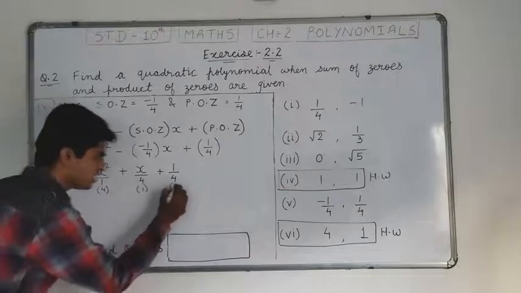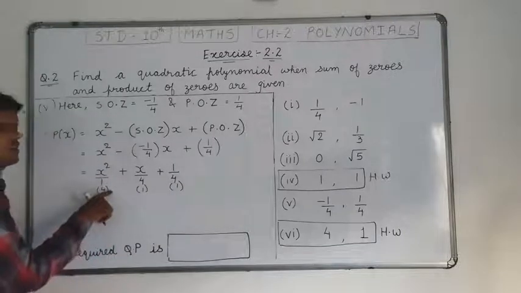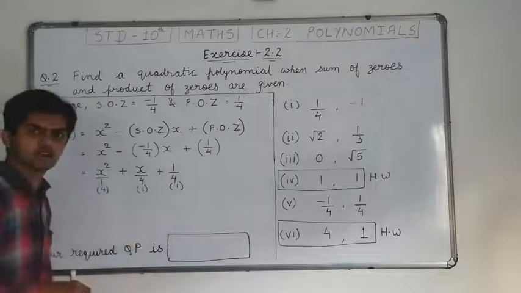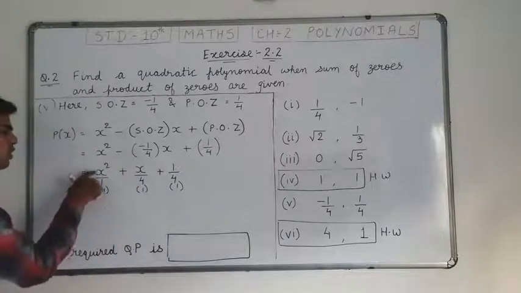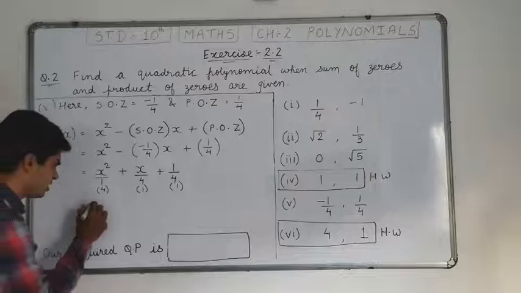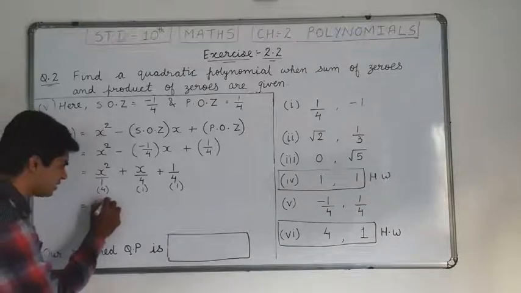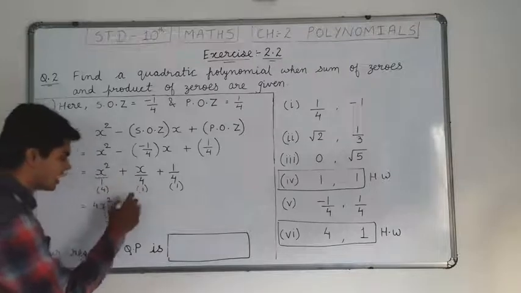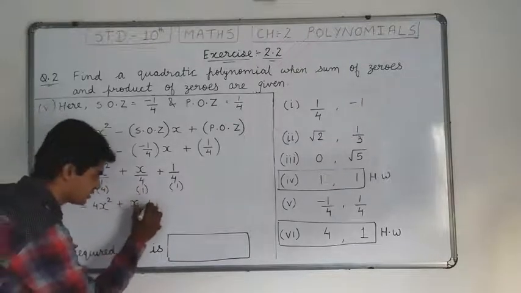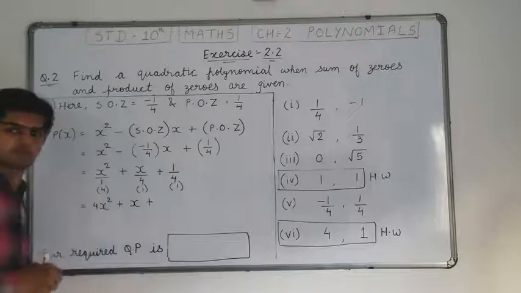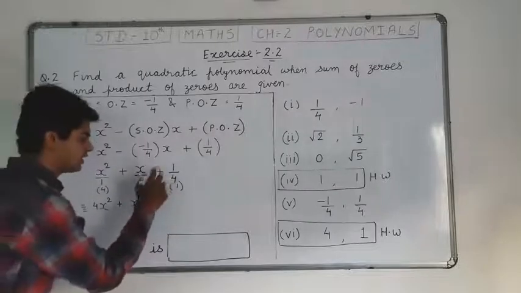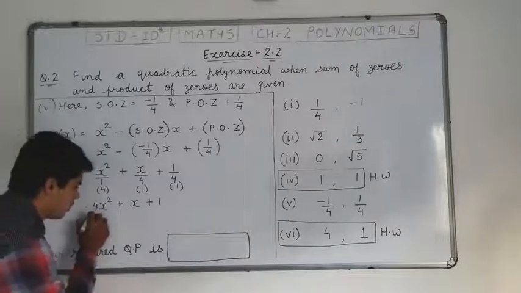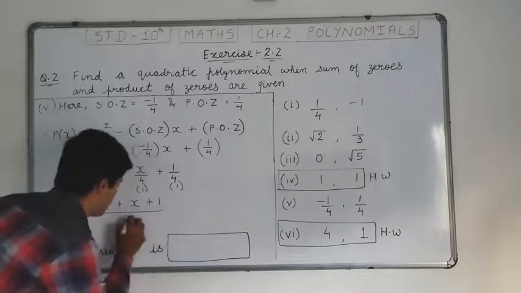Whatever we have written here, we will multiply with the numerator. So 4 into x square, it will be 4x square, plus 1 into x, it will be x, plus 1 multiplied by 1, it will be 1, and whole divided by 4.